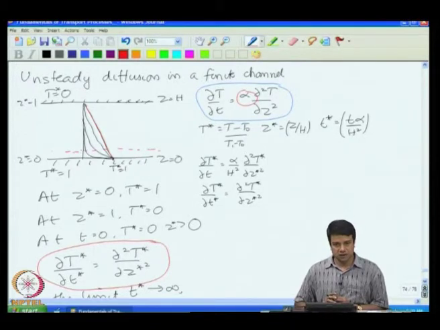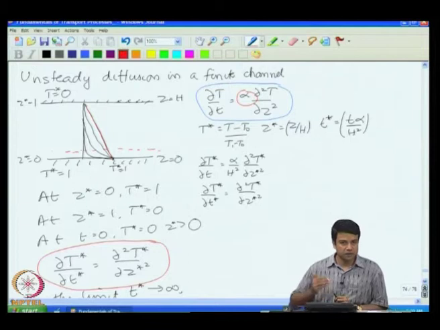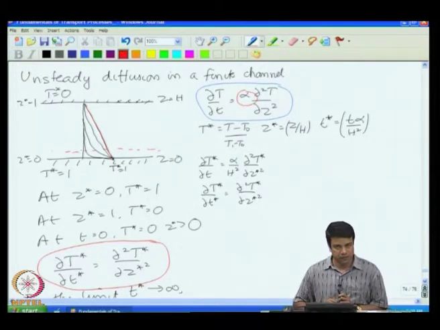If t star is large compared to 1, or t is large compared to h square by alpha, I would be attaining the steady state temperature, whereas if t star is small compared to 1, the temperature should be in the very initial stages of development, where the penetration depth of the temperature into the medium is small. So, that is the physical interpretation of this time scale t star.